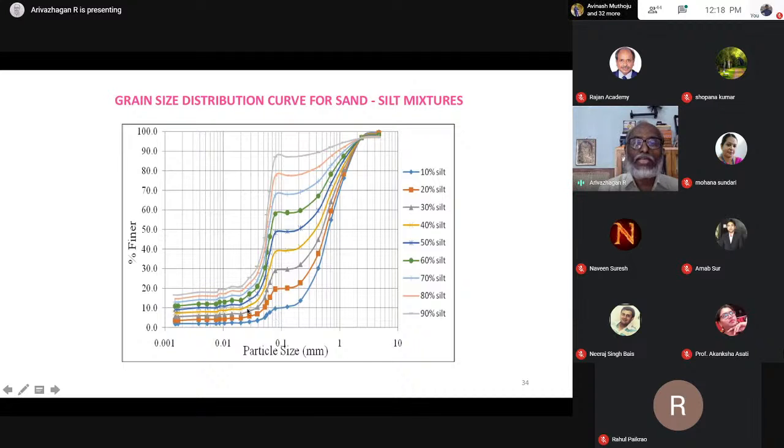Then the points on the silt are 20%, 30%, 40%, 50%, 60, 70, 80, 90. To the right-hand side of this line, that is 0.075, is called sand particle, the remaining. Here 10% silt means 90% sand. Here 20% means 80% sand. So it is a very good representation of the grain size distribution in the 11 samples.